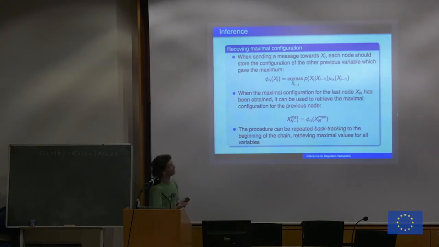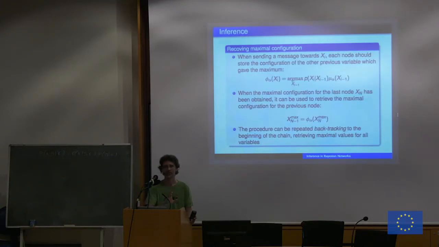Again, these are functions of the destination. Say these are all binary variables. If my variable is, let's say, rainy, and the previous variable is cloudy, I could say, if the destination rainy is true, the most probable configuration is that it was indeed cloudy, and the probability is 0.3.